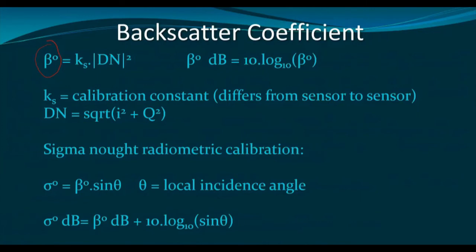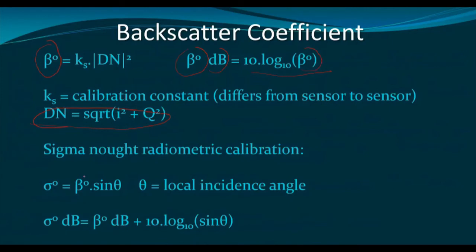We have already discussed that Dn can be calculated with this formula, square root of I square plus Q square. Ks is the calibration constant and it differs from sensor to sensor. So, beta naught in decibel can be measured with this formula, 10 log 10 of beta naught. So this is a unitless value.